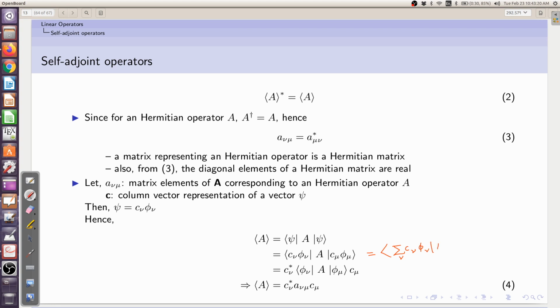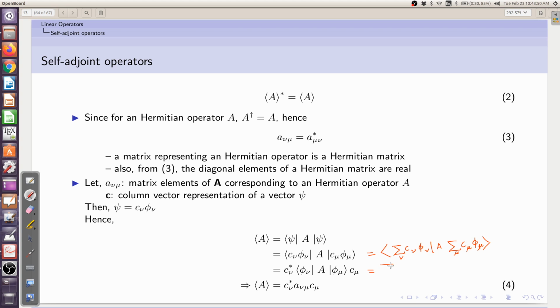And on the other side of A there is another summation, C mu phi mu. Because of these repeated indices, there is a double summation: one over nu and one over mu.